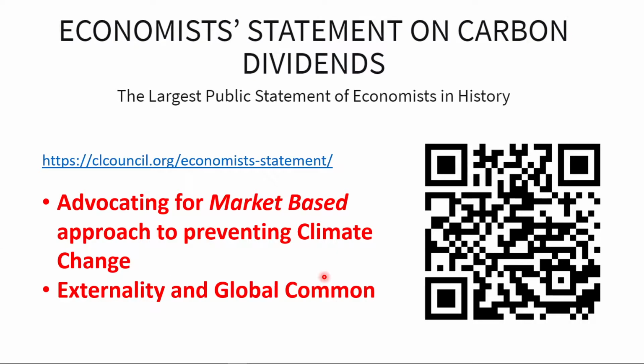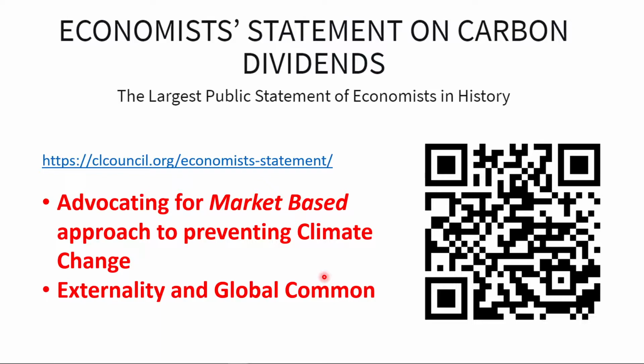When we're talking about market-based solutions, whether it is a carbon tax or an emission trading program, establishing a carbon dividend is going to be essential. Right? What a carbon dividend essentially does is place a price on carbon, or more accurately, a price on the emission of carbon, because it recognizes that carbon dioxide as a global pollutant is an externality problem.